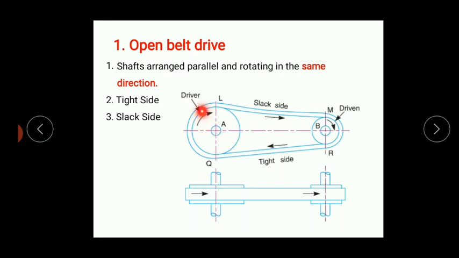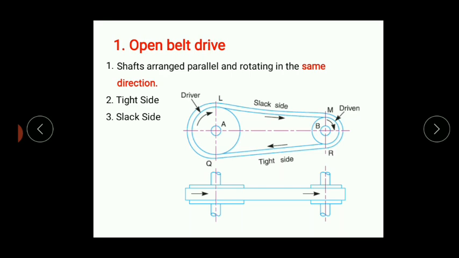And the pulley releases the belt on the other side. So here the belt is somewhat slacked, or the tension on that side is somewhat lower as compared to the tight side. That's why this side is called the slack side. We all need to remember what the tight side and the slack side are, because it will be useful in the entire chapter.